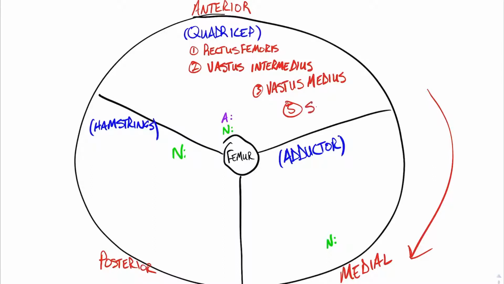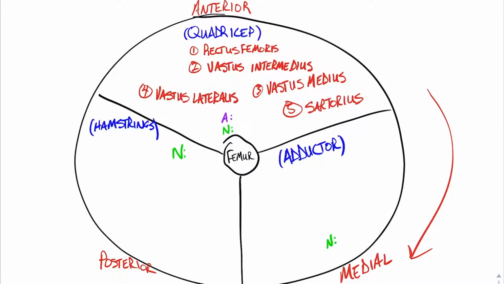So sartorius, S-A-R-T-O-R-I-U-S, sartorius. Okay. And if we move to the lateral side, we have the 4th muscle, if you wanted to be in order, vastus, right? With all these vastus muscles. Vastus what? Well, if it's on the lateral side, it would be the lateralis.